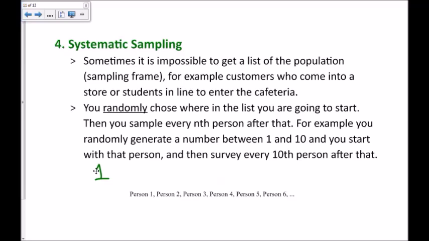Now, everyone always misses this point. The randomness in this method is where you start. Don't miss that key component, because every sampling method, in order to reduce bias, has to have randomness in it, and you can't just start with the first one. You have to randomly choose where in the list you are going to start.